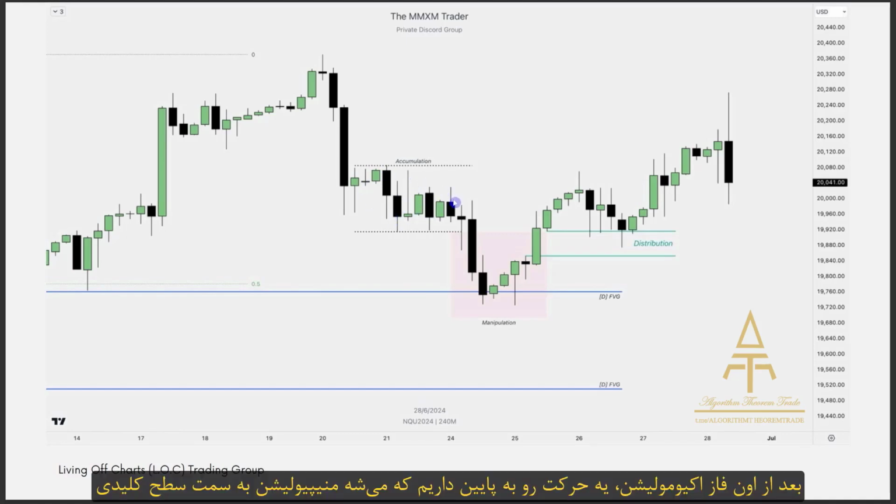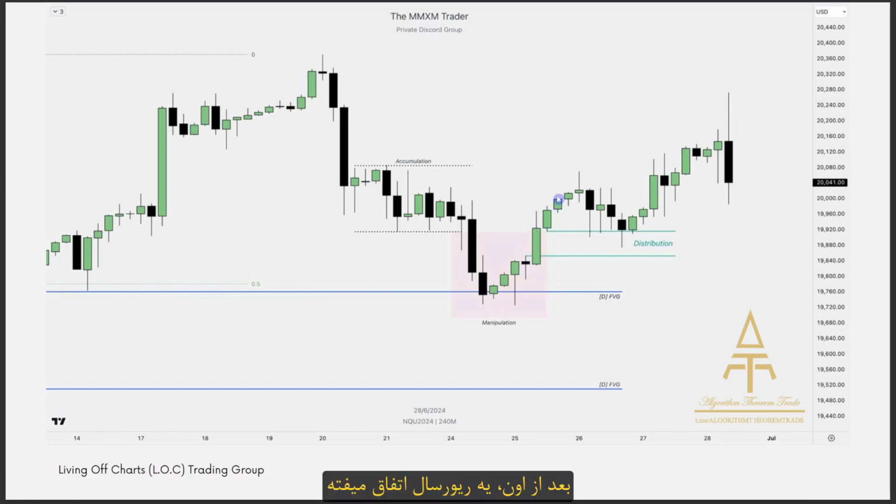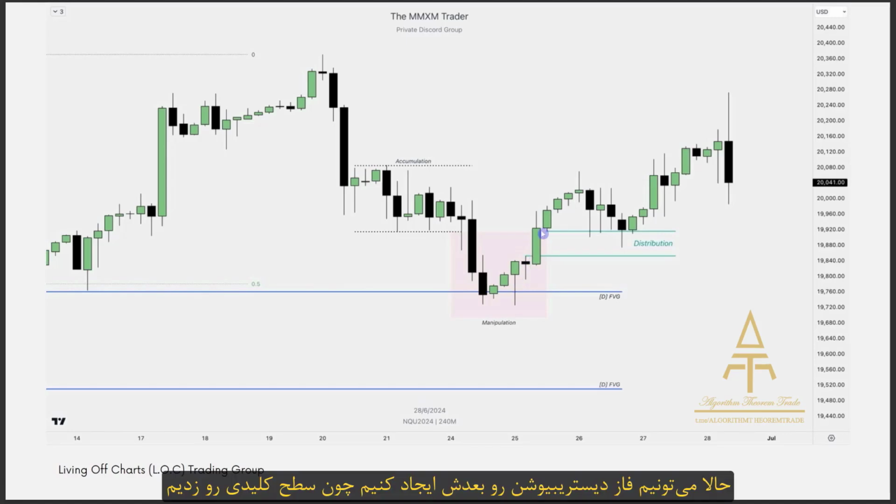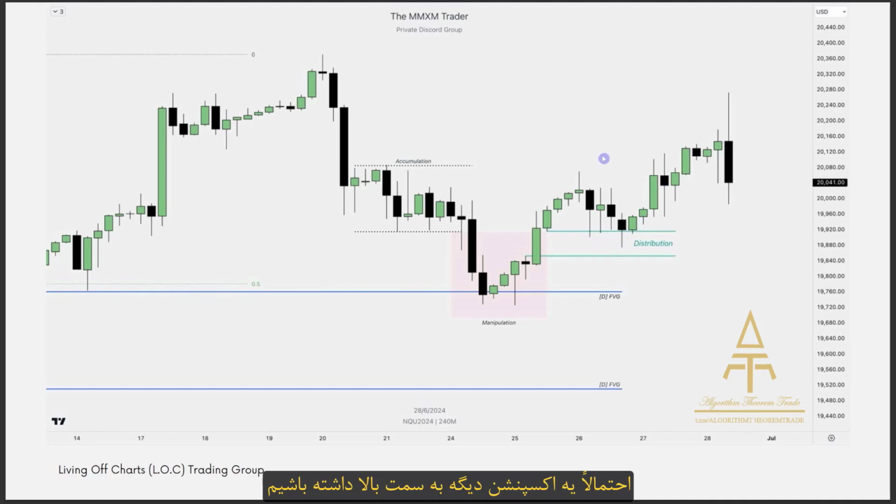After that accumulation phase, we have an expansion lower, which will be the manipulation into that key level, and then a reversal occurs afterwards. Now we can trade the distribution phase afterwards because we already hit that key level. We had the market cycles, consolidation, expansion, reversal, so it's likely to be another expansion up higher.